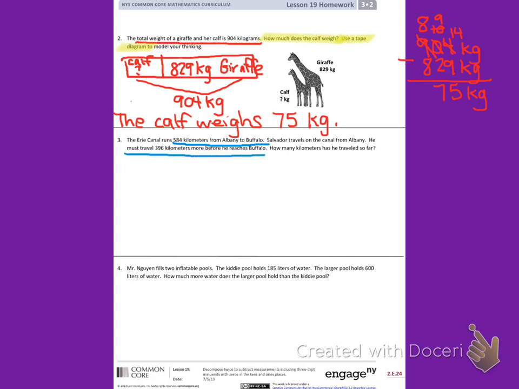Now let's highlight the question. How many kilometers has he traveled so far? We can use a tape diagram for this as well. Here will be Albany. Here will be Buffalo. Now I will draw a rectangle.